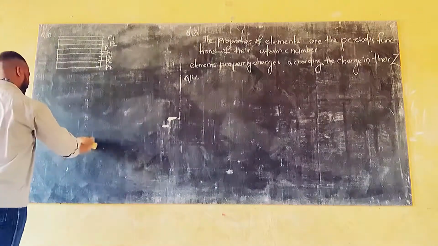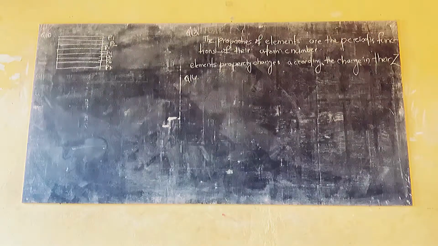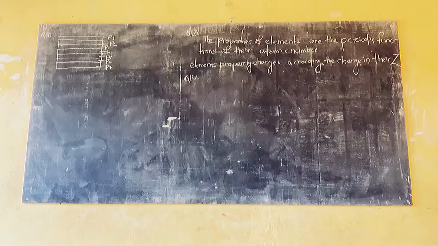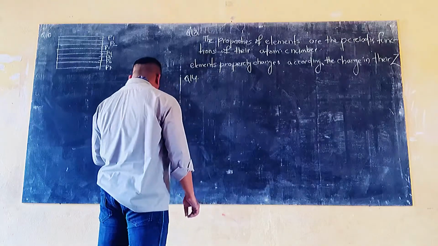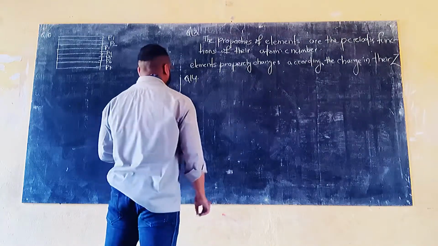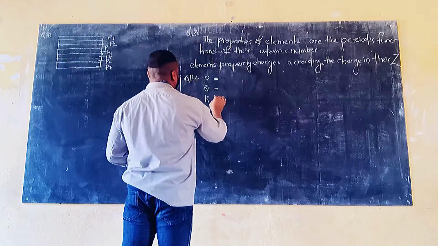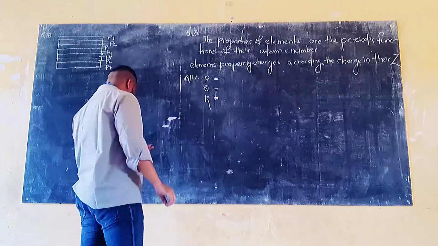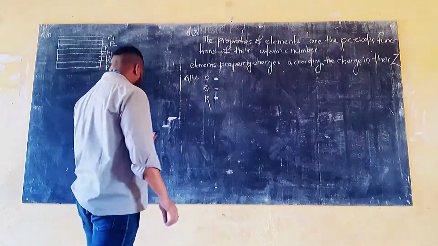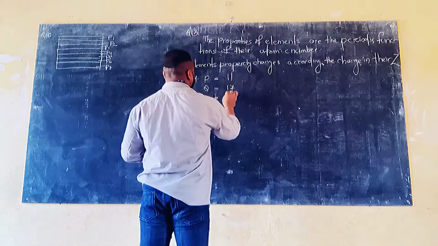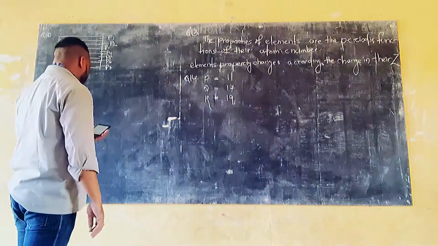Then come to question number 14. Out of the three elements P, Q, R, three elements are given: one is P, then Q, and then R. The atomic number of P is 11, Q is 17, and R is 19.